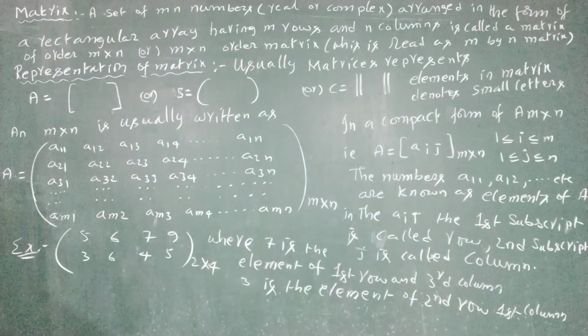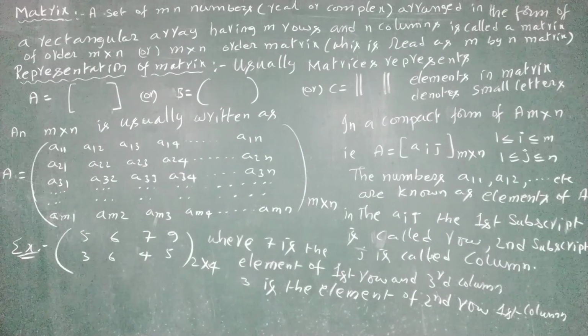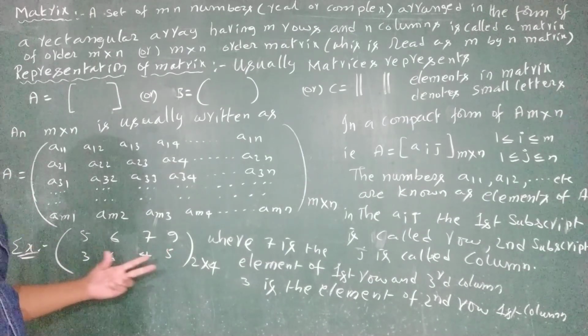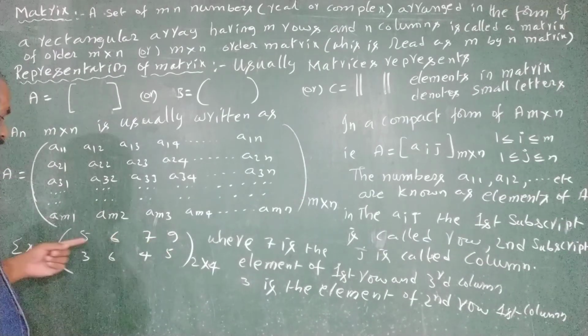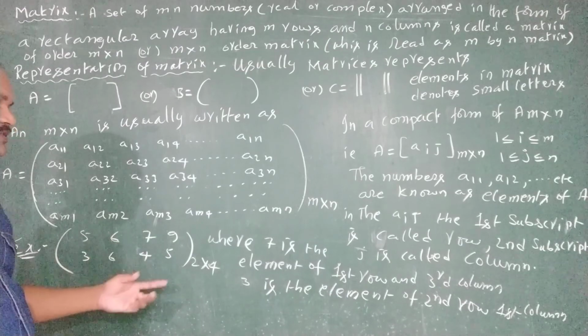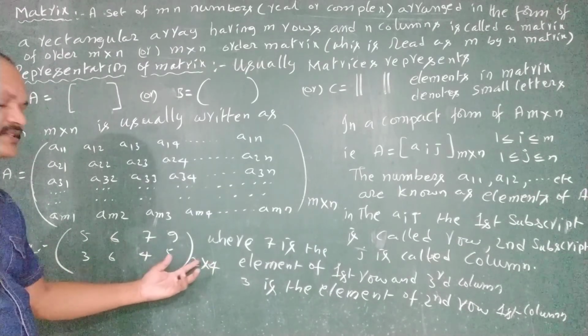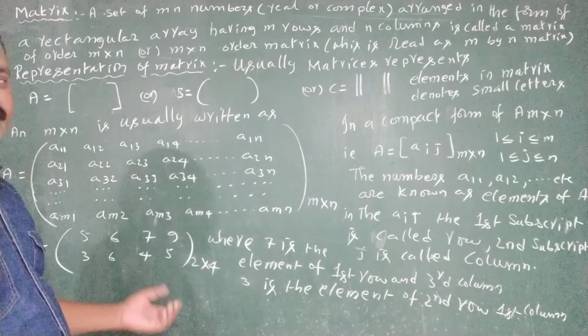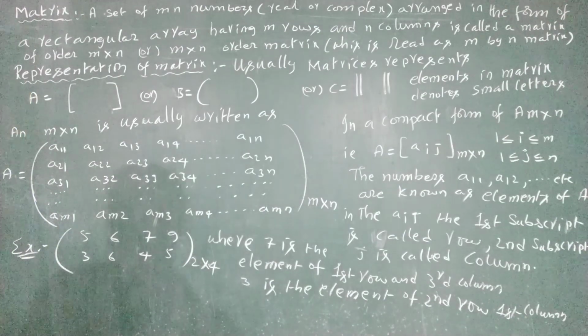Are you clear? That's all. So this is an example. This is a rectangular array of numbers, here 2 rows and 4 columns. That's why m by n means 2 by 4. This is the matrix of order 2 by 4.